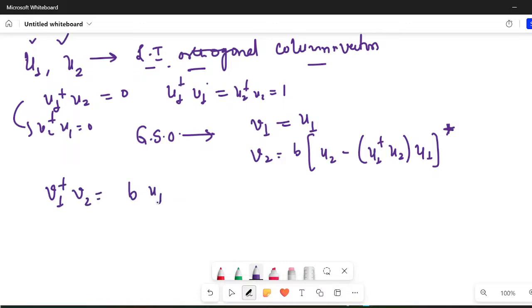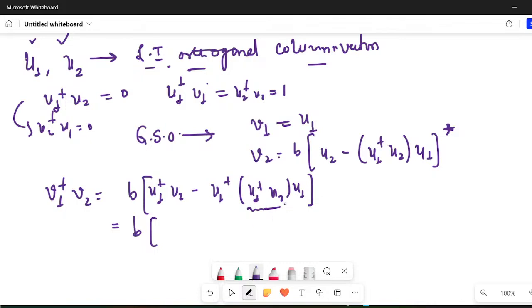I want to confirm that this is an orthogonal vector.